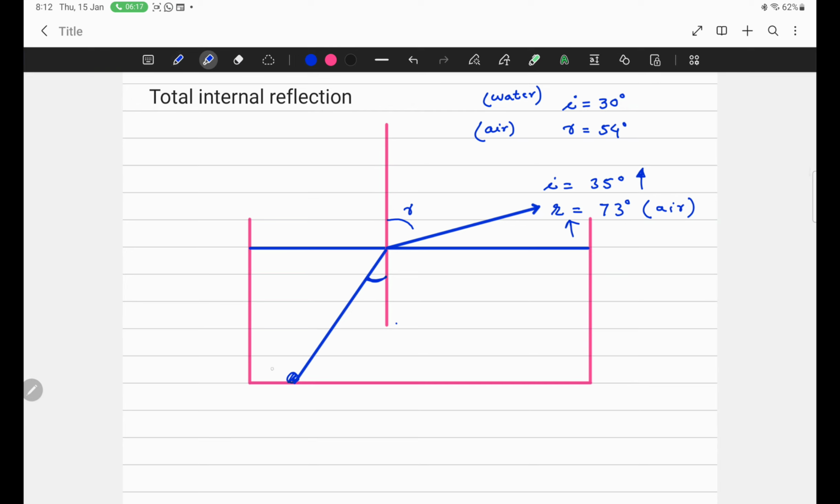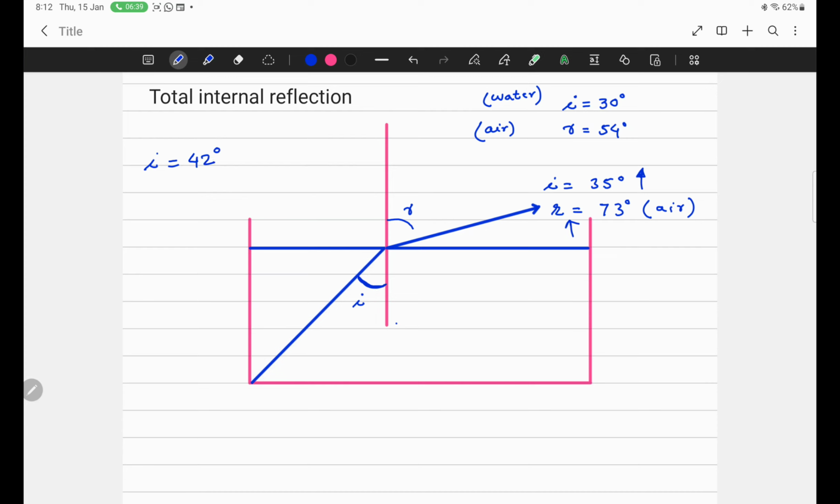Then I ask you to further increase angle I. Consider now this angle I is 42 degrees.